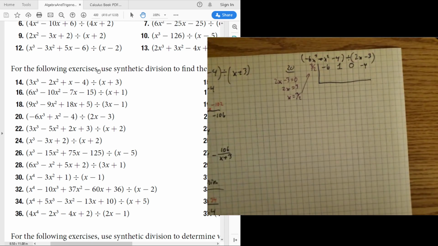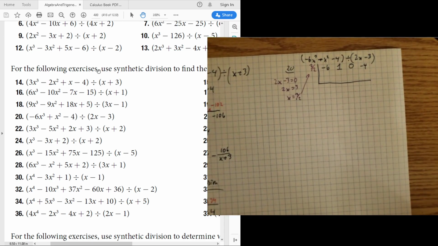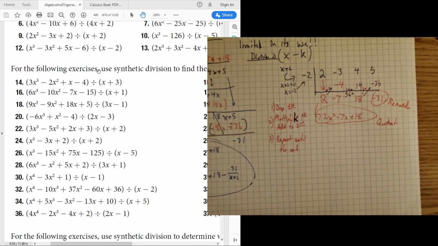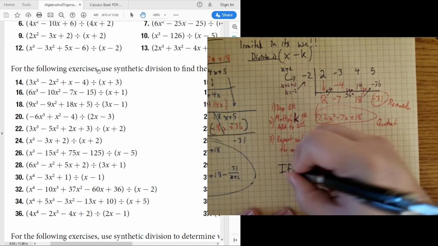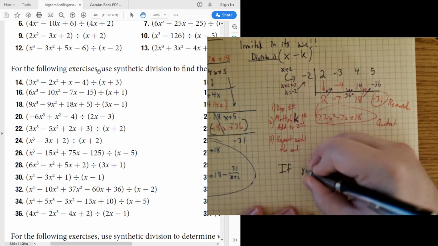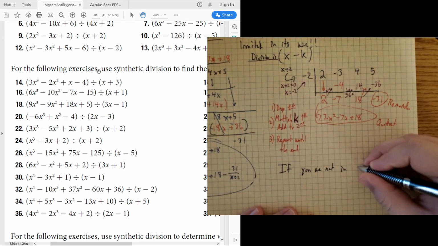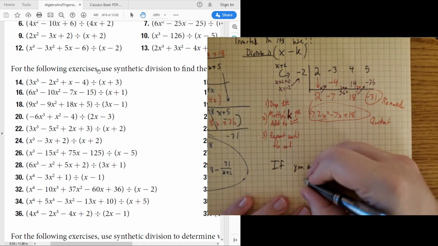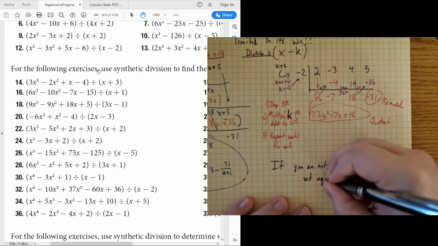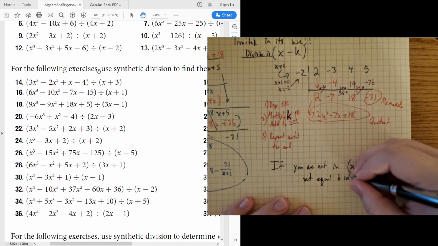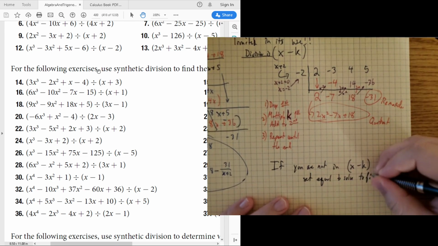So note this shortcut. I will even add that to my notes. If you're doing synthetic division, if you are not in x minus k, set equal and solve to find k.